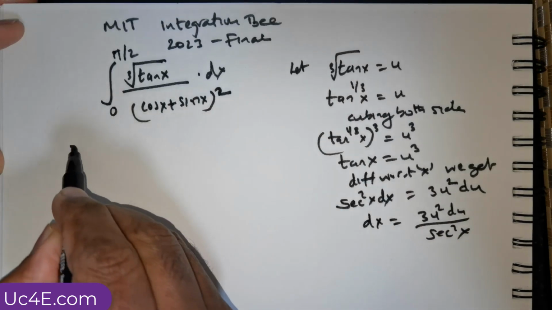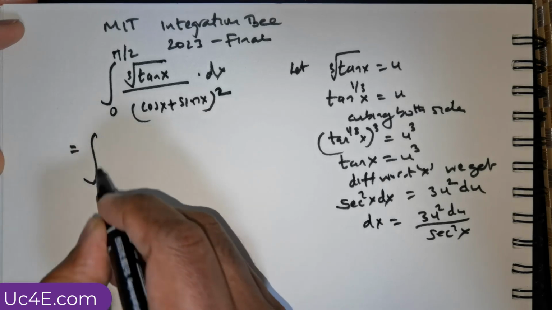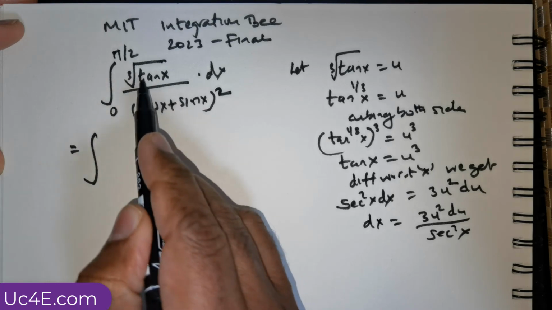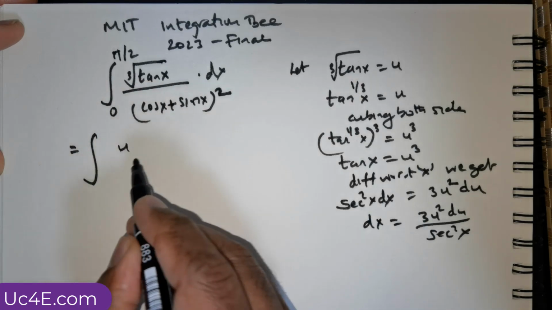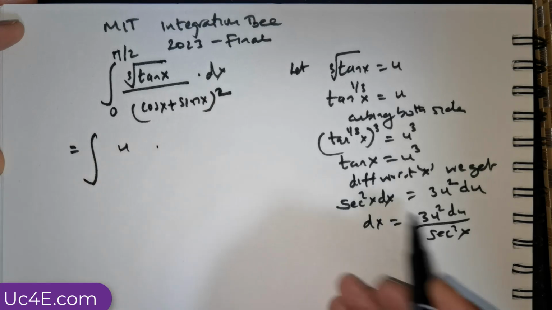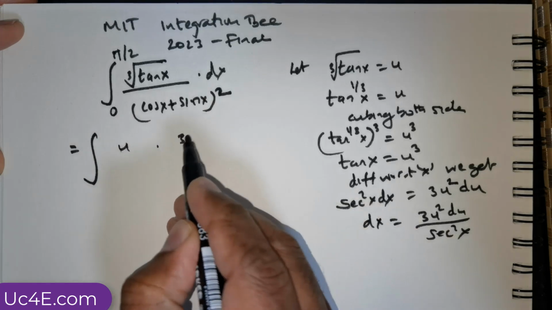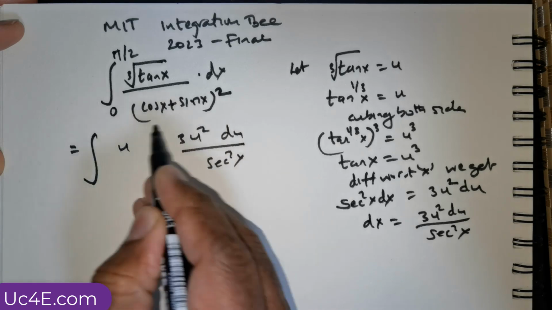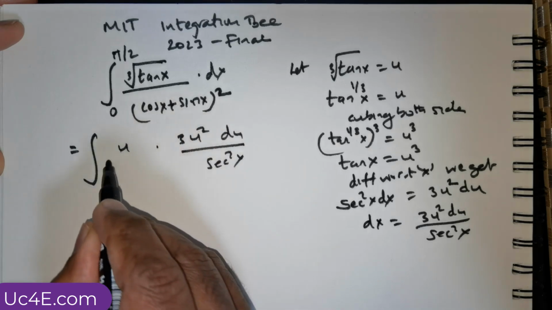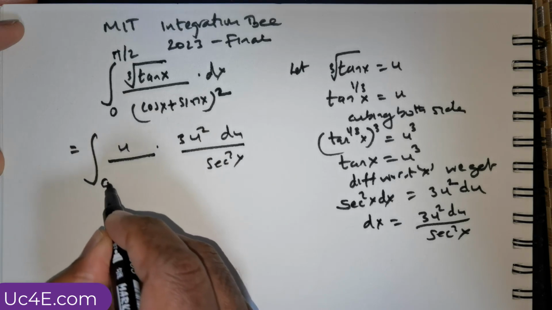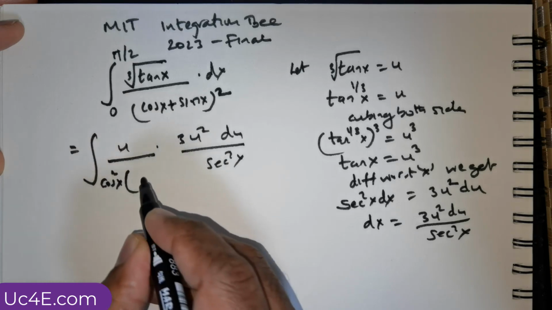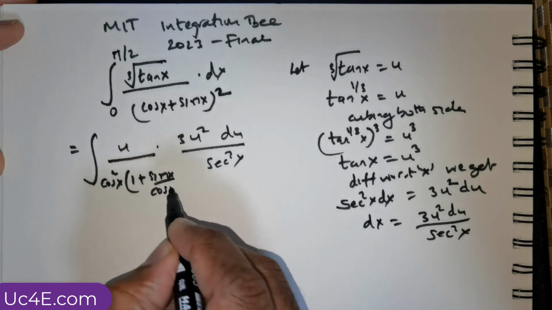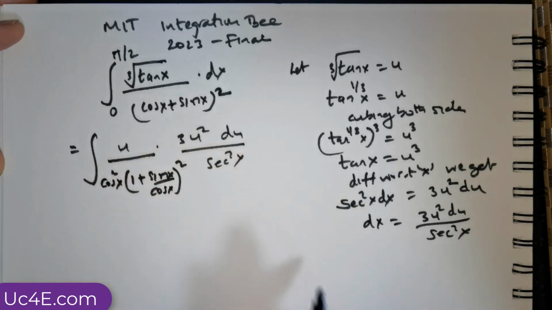So this is rewritten as the integral, and let me hold the limits for the time being. The third root of tan x is u, and in place of dx I have 3 times u squared du over secant squared x, and cos x plus sin x. Now if I take cos x out, that becomes cos squared x times 1 plus sin x over cos x, all raised to the power of 2.